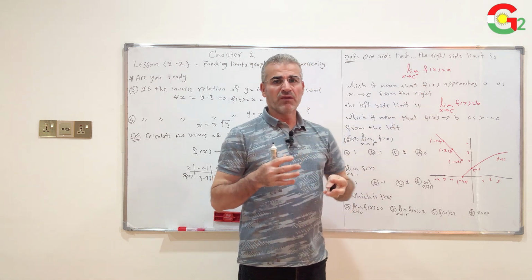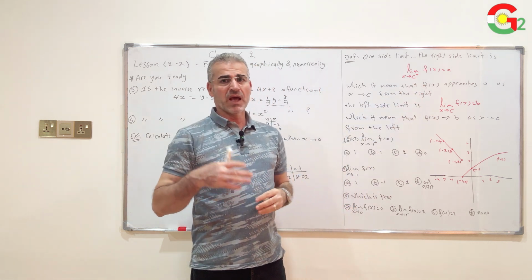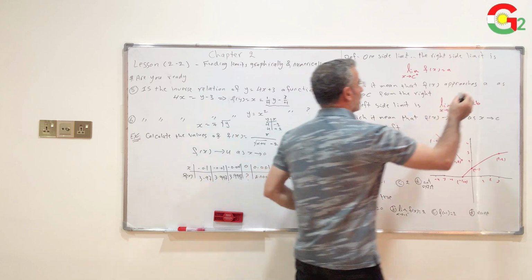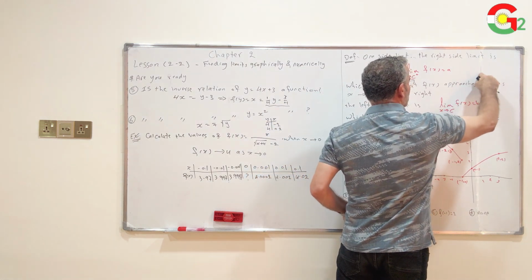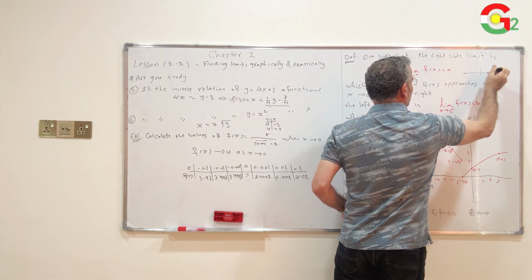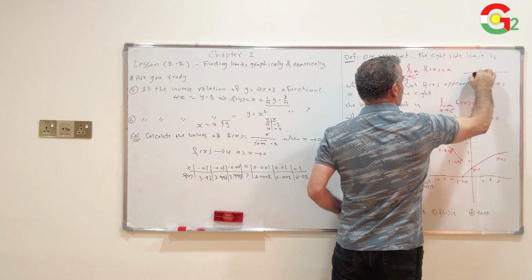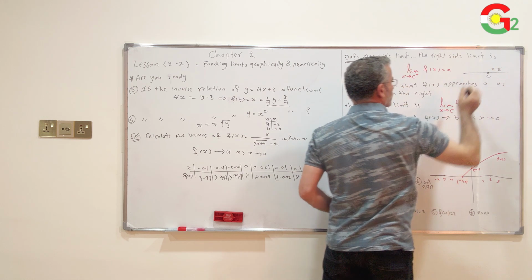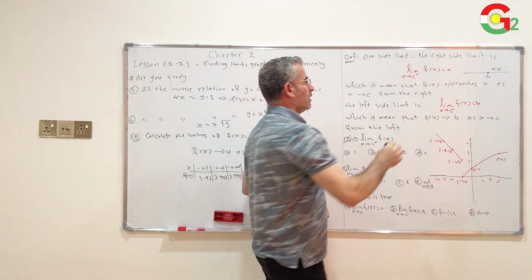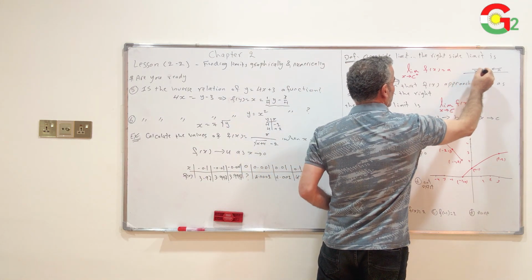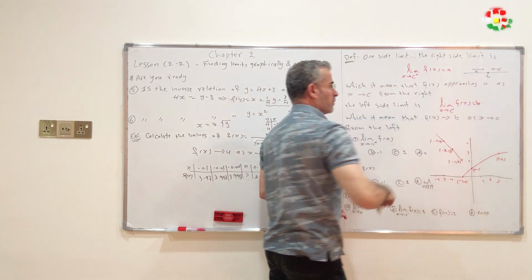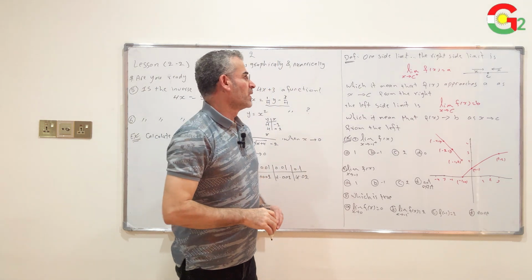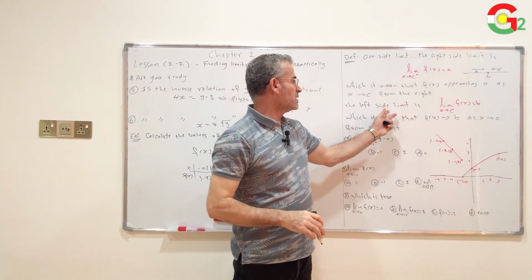As you know, every number on the number line has a left and a right. This is c. If x is here and approaches c, it approaches from the right, and if x is here and approaches c, then it approaches from the left. This is from right and this is from left.